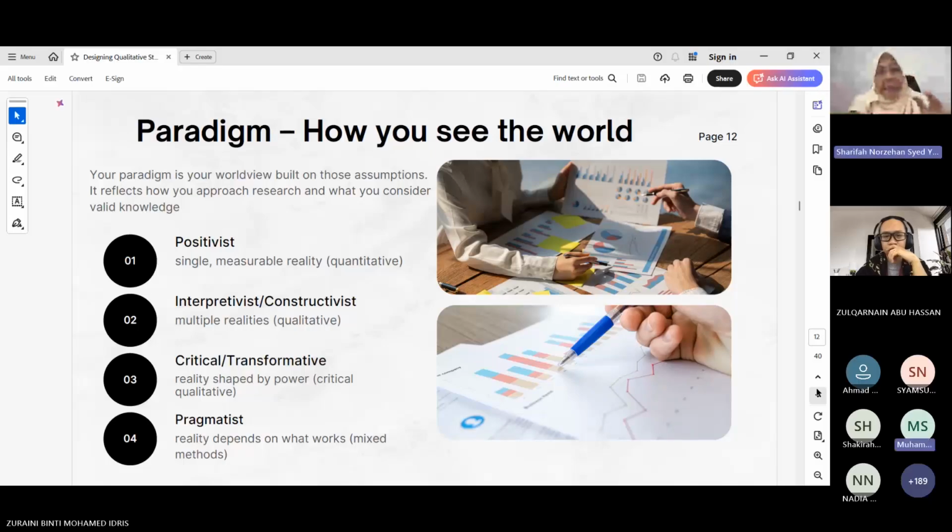That means you are doing a purely qualitative study. You can also use other ways of making sure that your data is valid. I will touch on that after this. All right. Thank you.